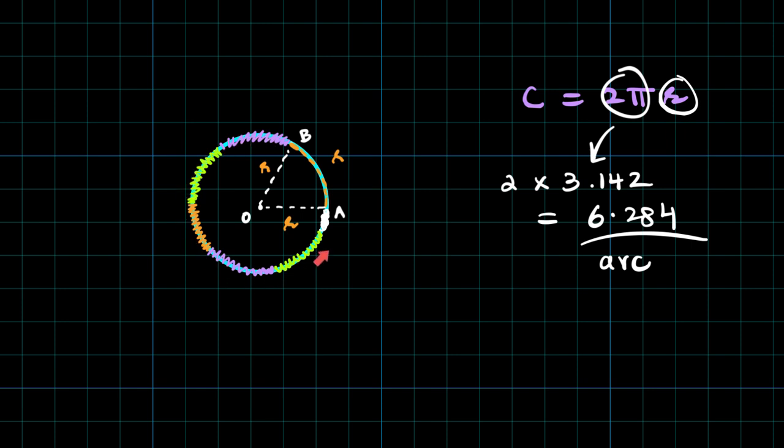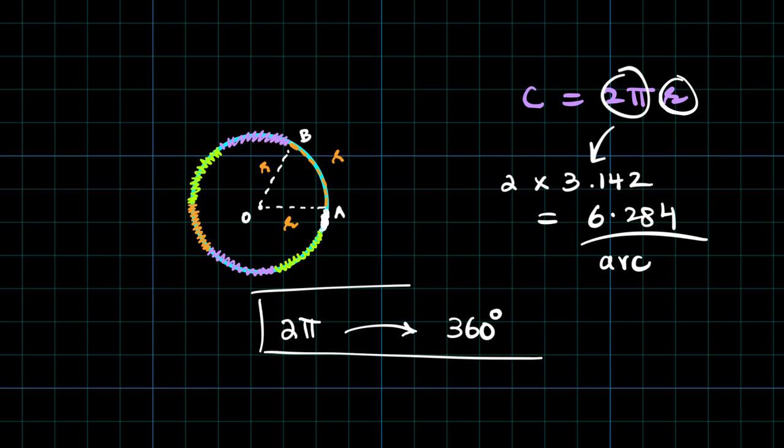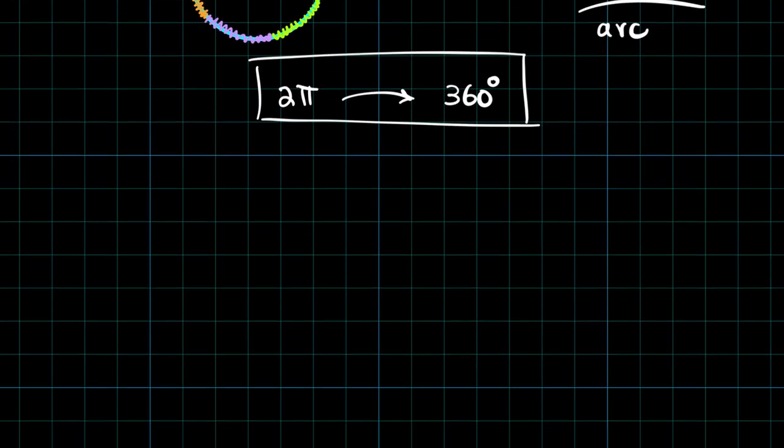I just illustrated it using a diagram. The circumference is 2 pi r. That means there are 2 pi times this radius r, where r is the arc length. That means 2 pi radians also equals 360 degrees. That is the angle in one complete revolution of a circle, and that is the conversion that we need.